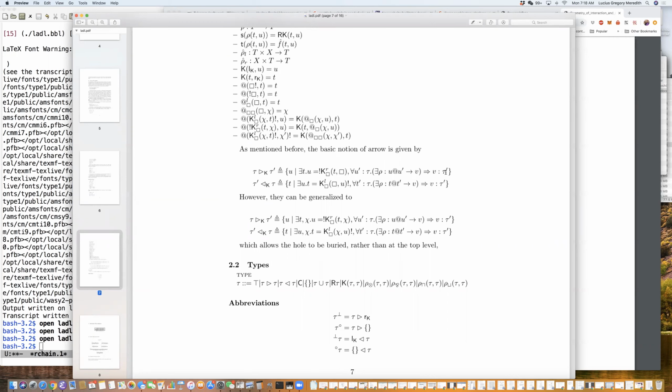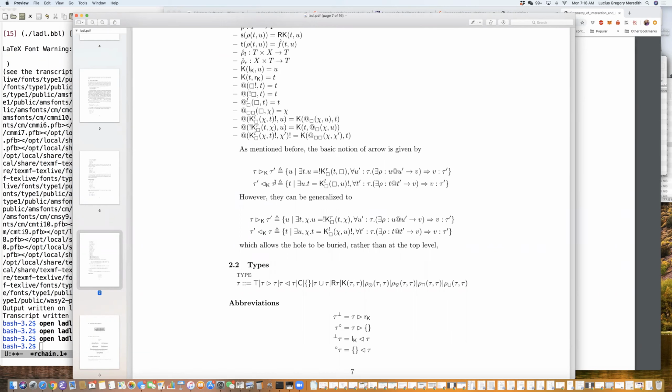So it's basically saying there's no way to plug the hole with a thing of type tau that doesn't get you a thing of type tau prime. So I can rely on things of type tau to give me things of type tau prime. And that's the way you read this. We can rely on things of type tau to guarantee things of type tau prime.